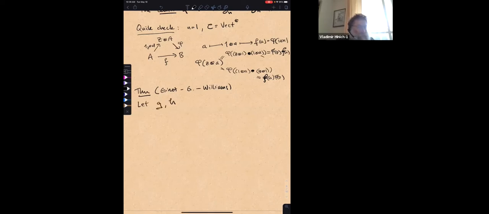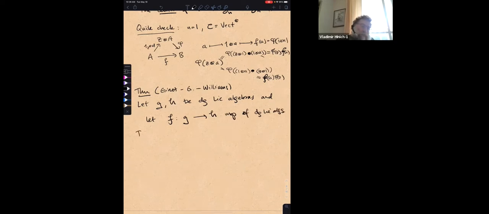Let G and H be DG Lie algebras, and let's say that F is a map of DG Lie algebras.